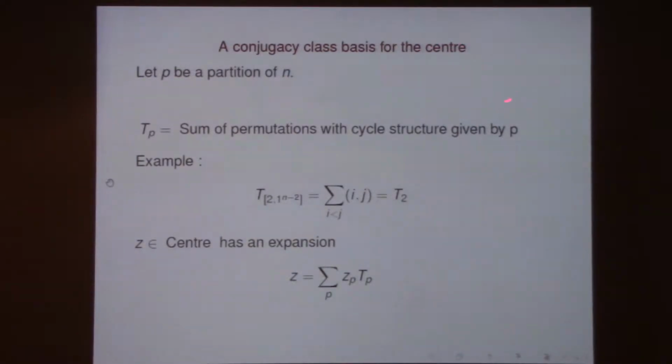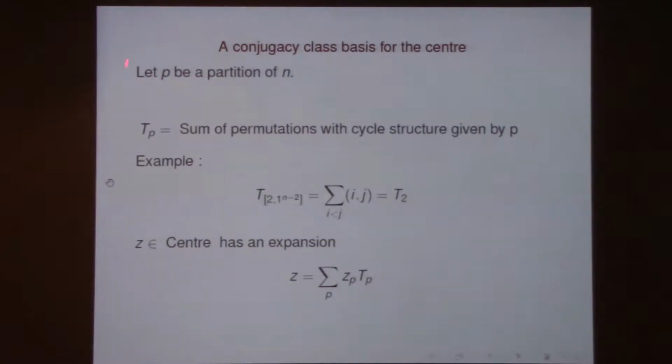Now, we're interested in the center of the group algebra of Sn. And what we are saying is that a basis for that center, the basis for the subspace which commutes with everything, is given by conjugacy classes which correspond to partitions of n. So you pick a partition of n, which is a way of writing n as a sum of positive integers.